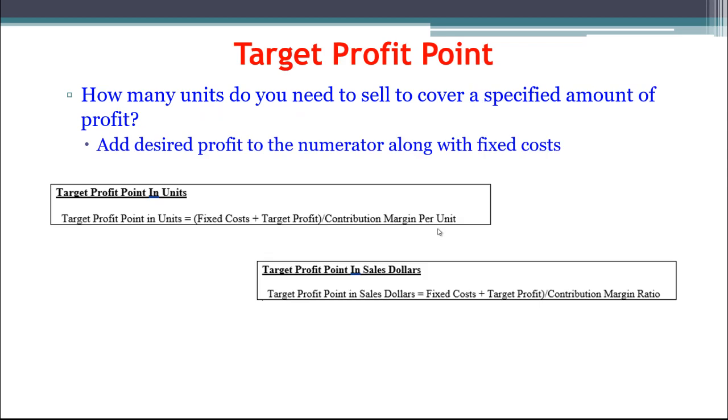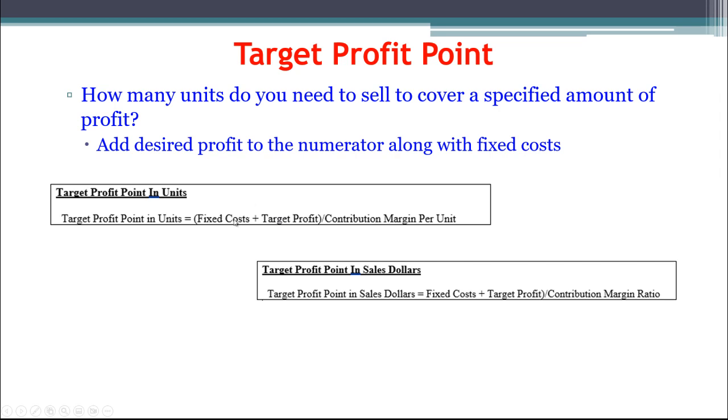Now, the next topic I want to illustrate is very, very similar, but it's basically saying if we want to cover a certain amount of target profit, then how many units do we need to sell, not only to break even, but also to cover that specific amount of profit? So the only difference to this equation is our numerator is going to be bigger. We're no longer just trying to cover fixed cost.